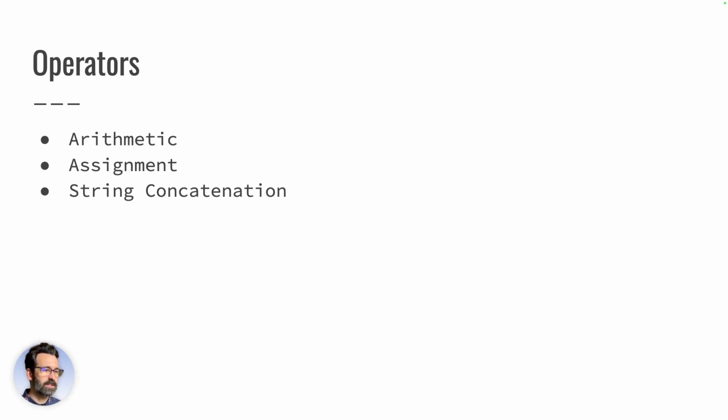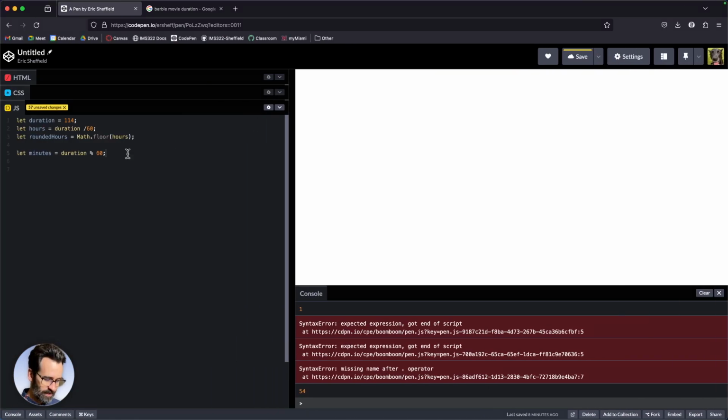String concatenation. We've just been doing arithmetic with numbers, and a lot of those operators, plus, minus, divide, multiply, behave like you'd expect. They add numbers, they subtract numbers. If you're using strings, you can't subtract a string from another string, but you can add strings together. Remember, a string is just a value that is a word.